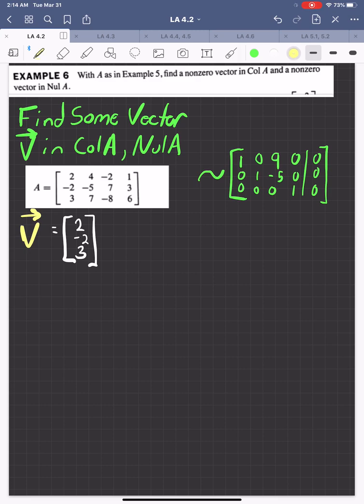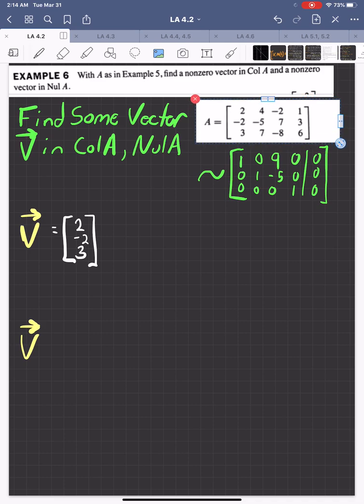Easy. Now let's see if we can find a vector that's in your null space. The null space is not as straightforward. If you want a vector in your column space, just grab a column, easy. But the null space is not as straightforward.